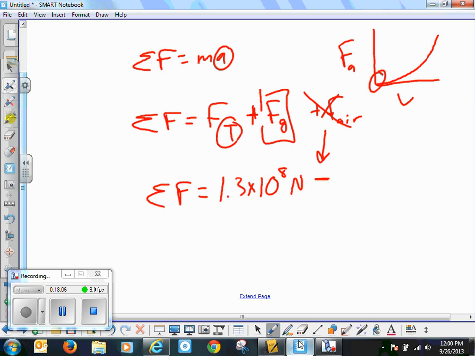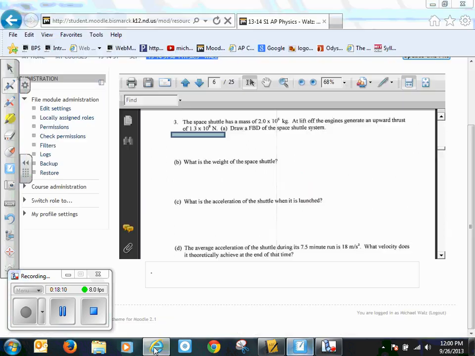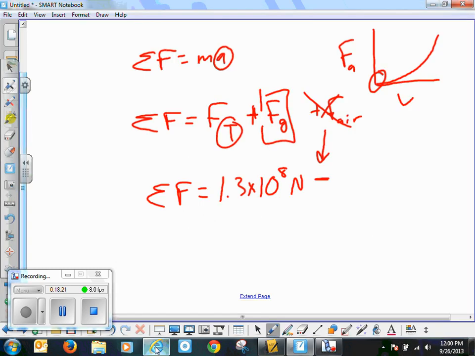If we look at the force of gravity, it says the space shuttle has a mass of 2 times 10 to the 6th kilograms. So the force of gravity is going to be 2 times 10 to the 7th. Okay, so it's minus 2 times 10 to the 7th. And then you'll get your actual summation of forces.